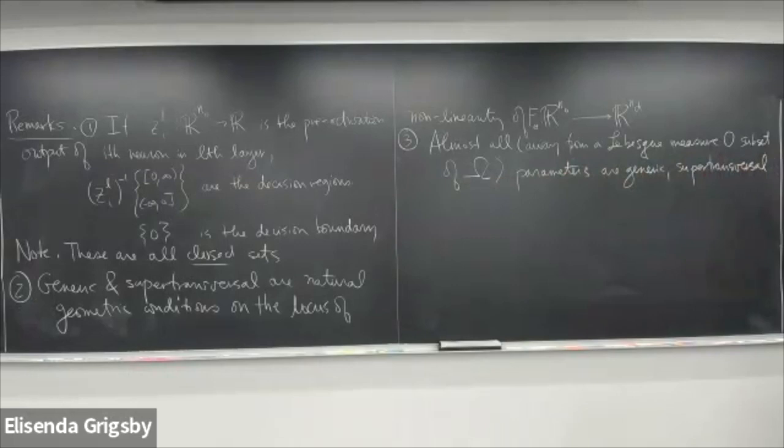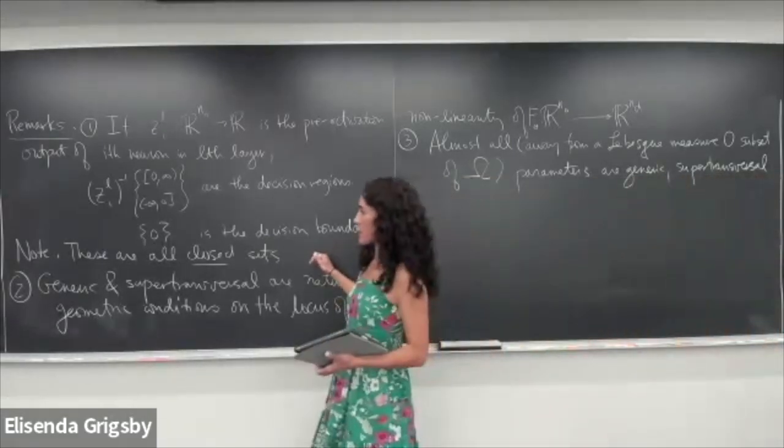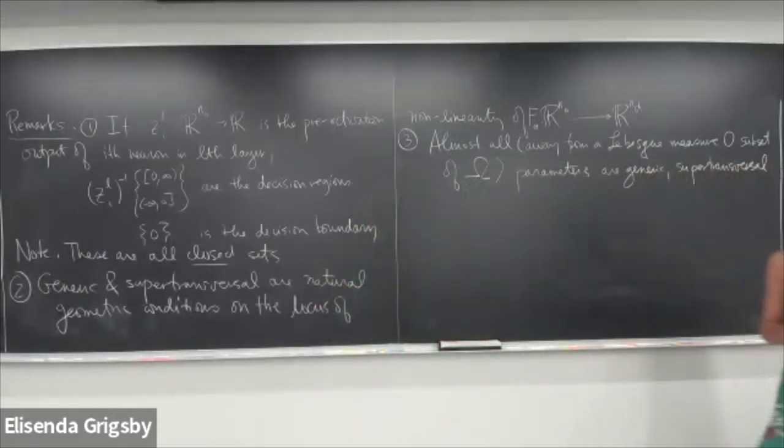So we are able to compute the homology groups for almost all of these maps. And the condition where things fail is a natural condition to state.